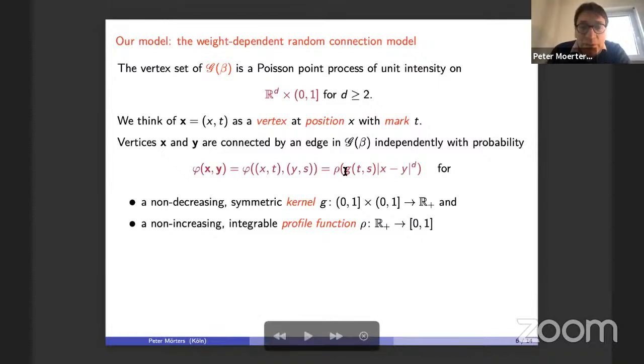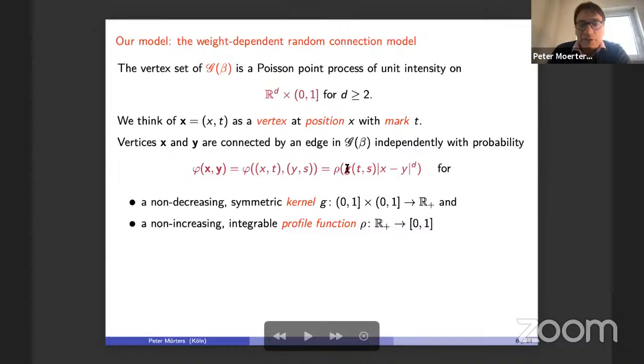First, we observe that with these two infinite dimensional parameters there is some redundancy, because we can multiply the argument of rho with some parameter lambda and multiply the g from the outside with 1 over lambda, and this will just cancel out.